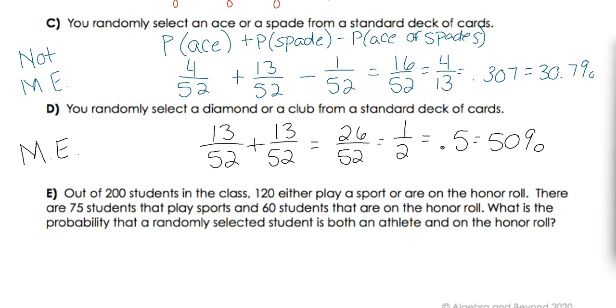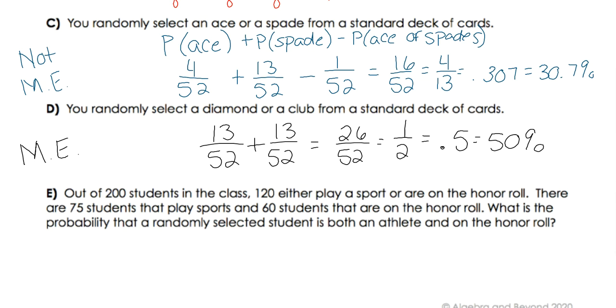All right, last but not least here. Out of 200 students in the class, 120 either play sport or are on the honor roll. There are 75 students that play sports and 60 students that are on the honor roll. What's the probability that a randomly selected student is both an athlete and on the honor roll? So looking at it a little bit differently, now kind of some survey results more.